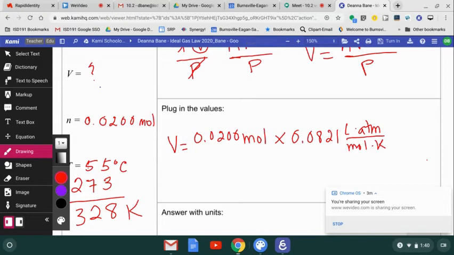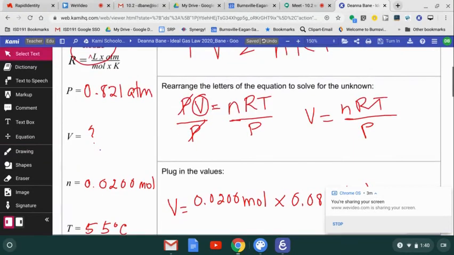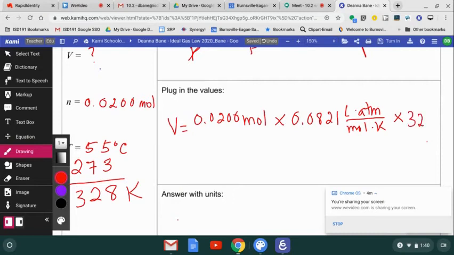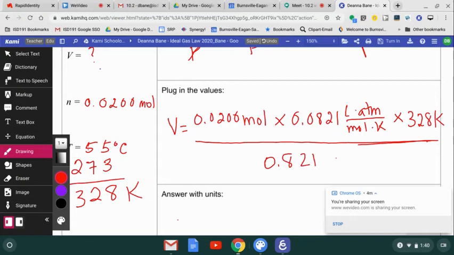Lots of units, but that's what allows us to cancel everything. And then finally, we're going to multiply that times, we go back up here to our original equation, temperature. So we want to multiply that times 328 Kelvin. And then we're going to divide the whole thing by pressure. And the pressure was 0.821 atmospheres.